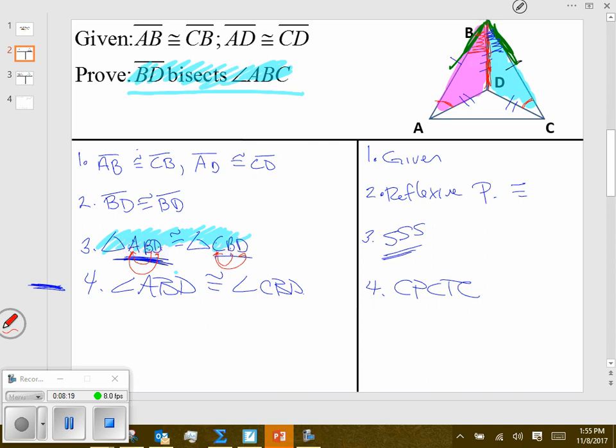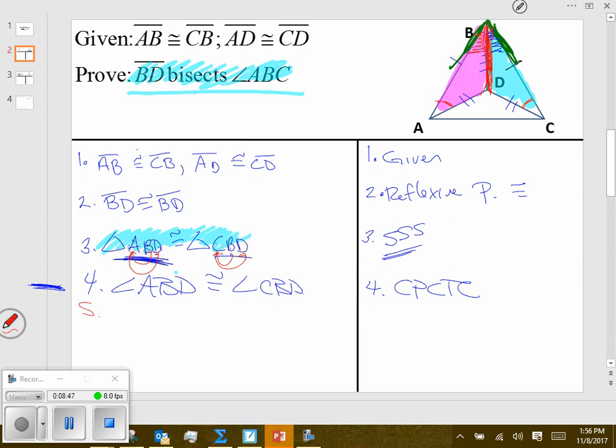So if you have to use three letters, follow the same pattern that you identified the first angle with in your triangle to come up with your second angle. Right? So that's how we get ABD congruent to CBD, CPCTC. So now, if those two angles are congruent, and BD is that segment in the middle that is actually cutting that angle into two equal parts, what does that make BD?